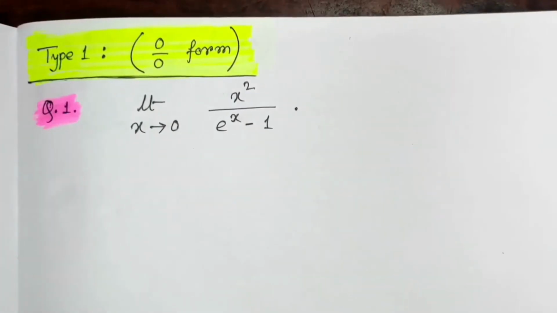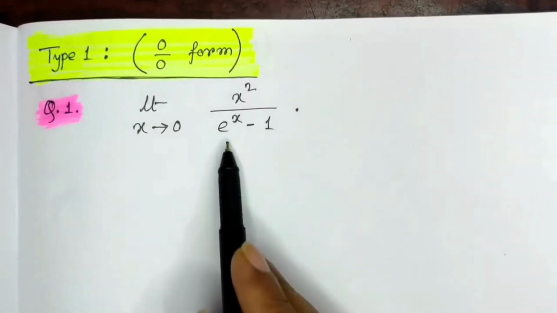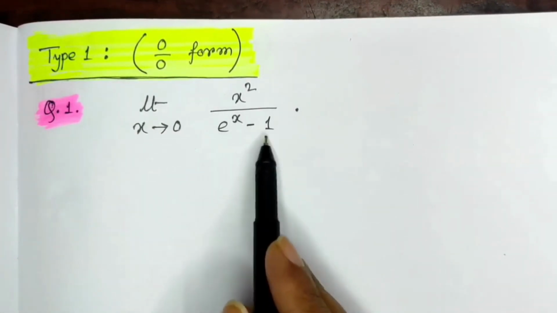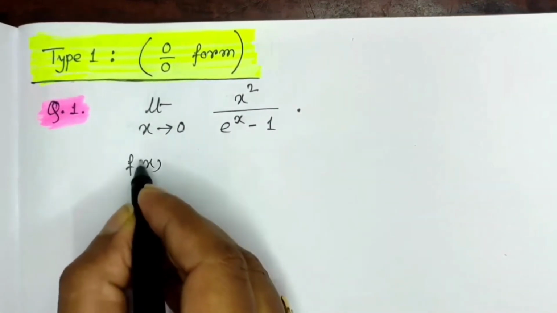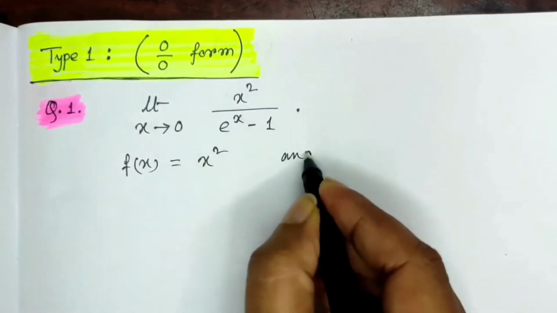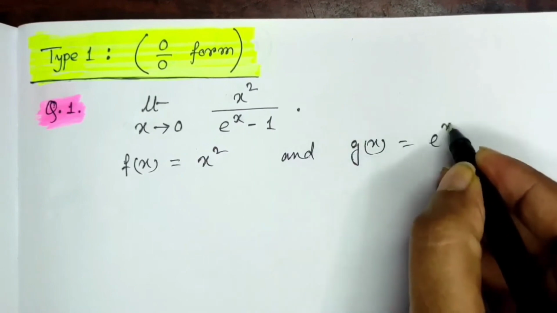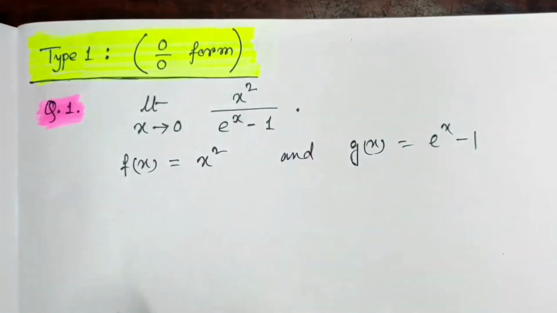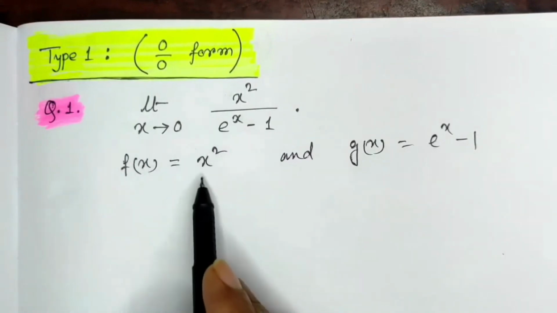So here is the first example. Here you just observe the given limit is x squared divided by e to the power x minus 1. Let us consider f(x) equals x square, and g(x) equals e to the power x minus 1. Now if we consider limit x tends to 0, then definitely this functional value is 0.